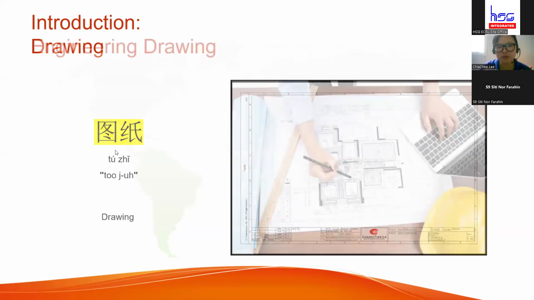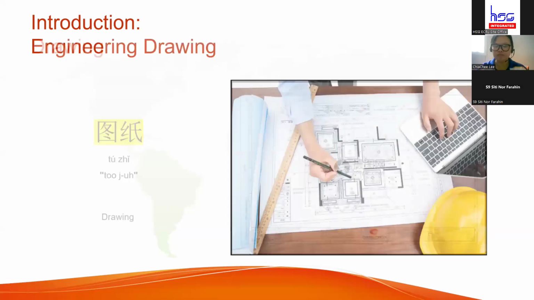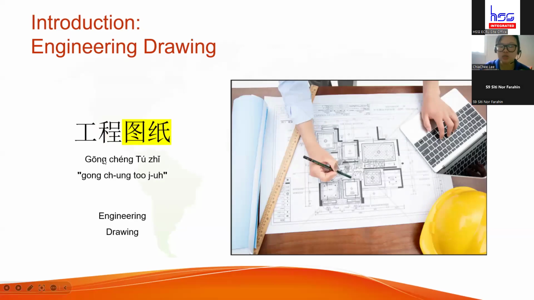When we want to refer to the project drawing or engineering drawing, we say 工程图纸. 工程 is the engineering or the project. 工 is first tone and 程 is second tone.